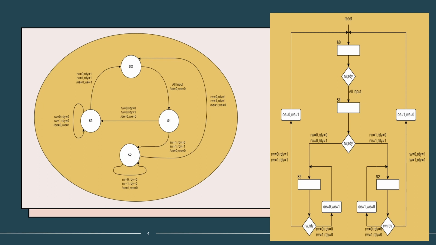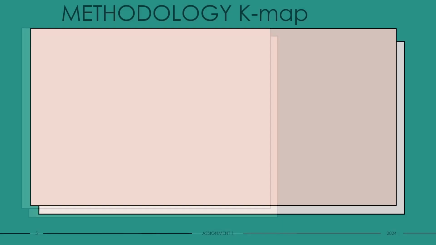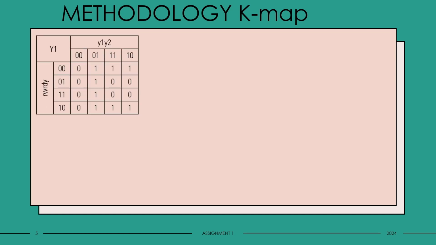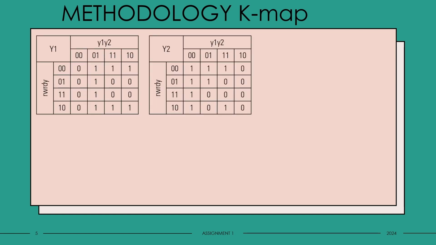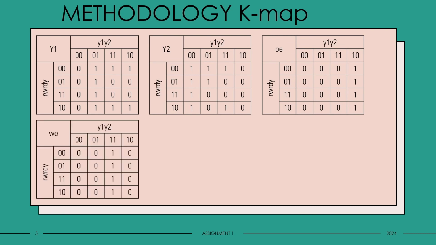On S2, same as the state diagram, 0,0 and 1,0 will loop back and remain at S2, but with output OE is 1, but 0,1 and 1,1 will return to S1 and output OE is 1. For S3, a similar pattern to S2: inputs 0,0 and 1,0 will loop back to S3 with output WE is 1, and 0,1 and 1,1 inputs will return to S0 and output WE is 1.